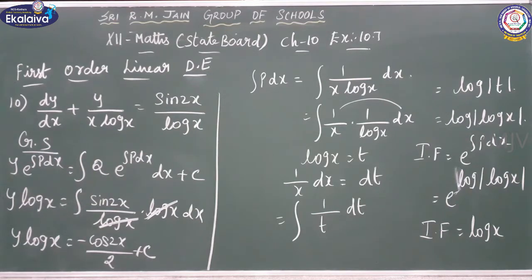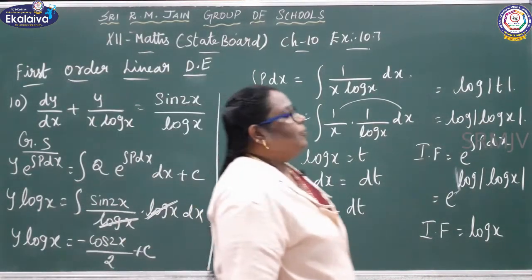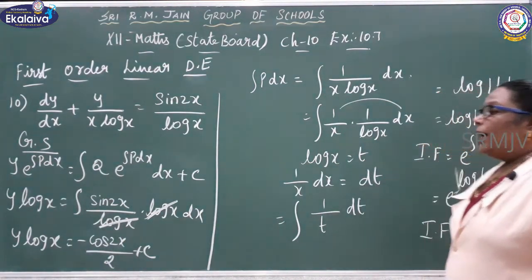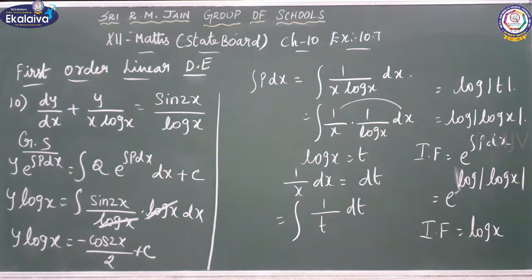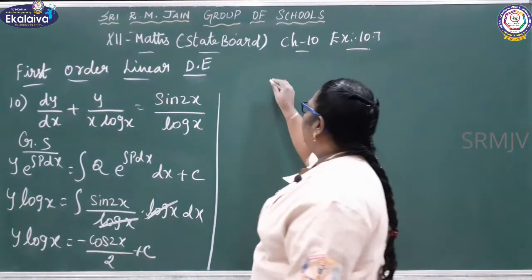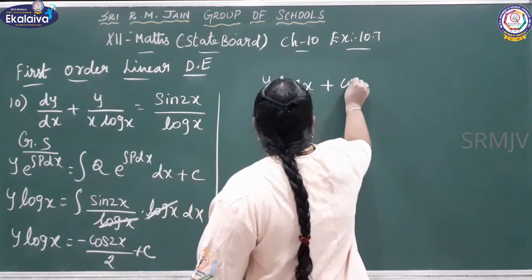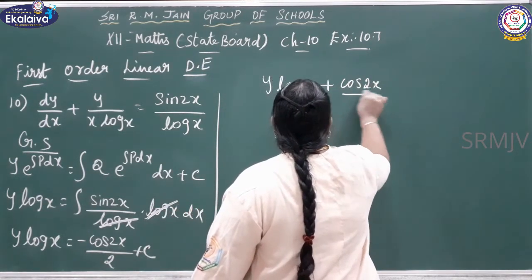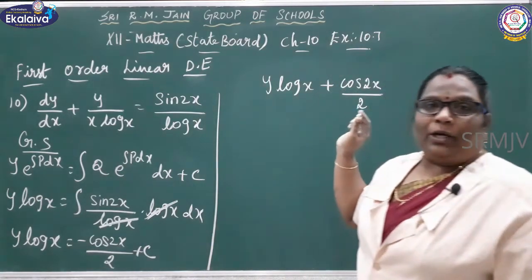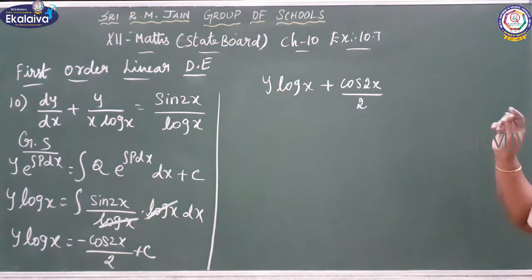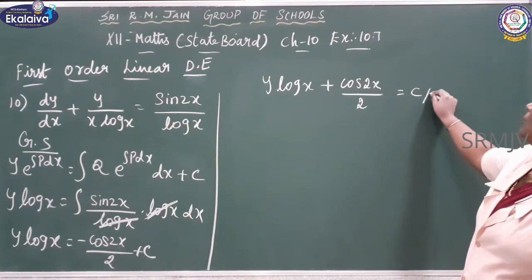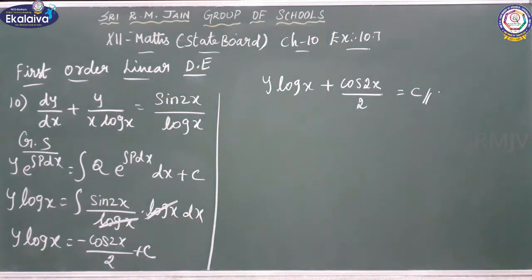So y log x plus cos 2x by 2 equal to c is the required solution of the differential equation.